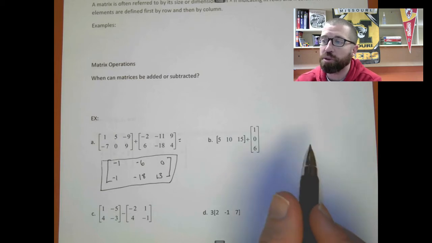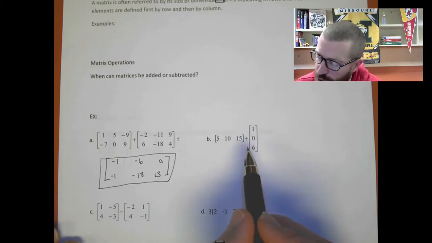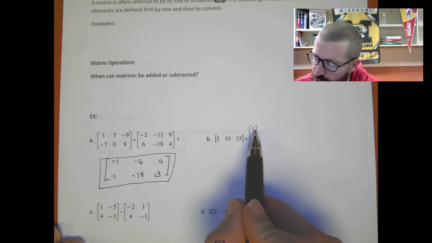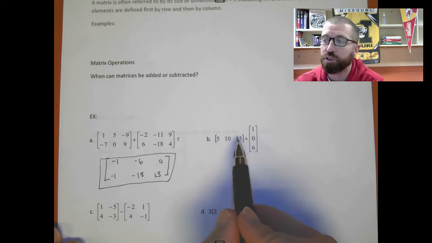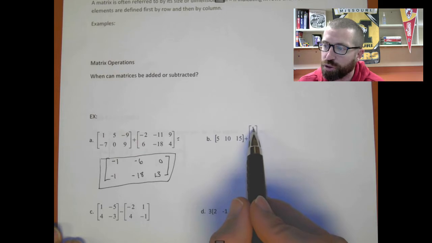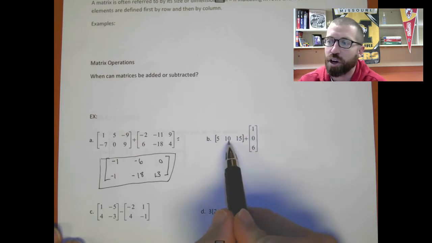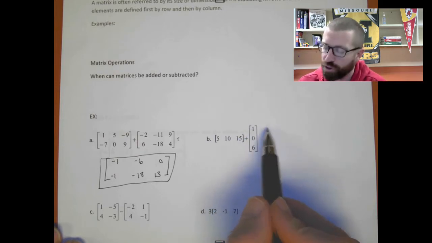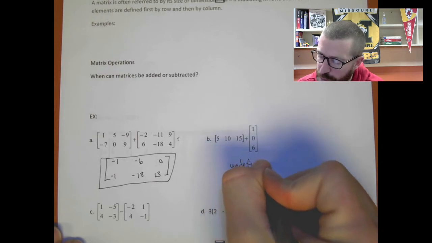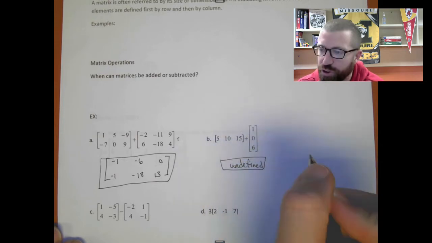Now, when you have a problem like this, if I try to add this one to this one, the first row, first column works, but then I don't have a second column over here. There's nothing to add to this. So this is just undefined, or it does not exist.